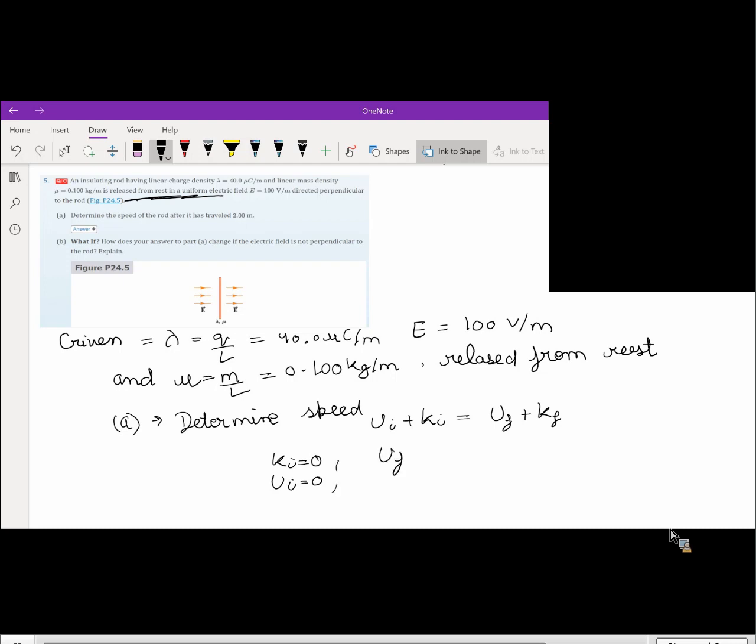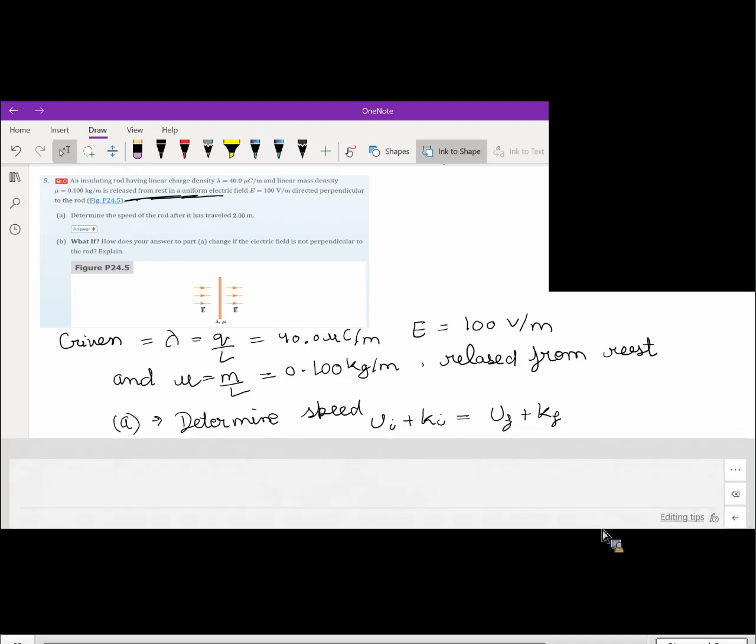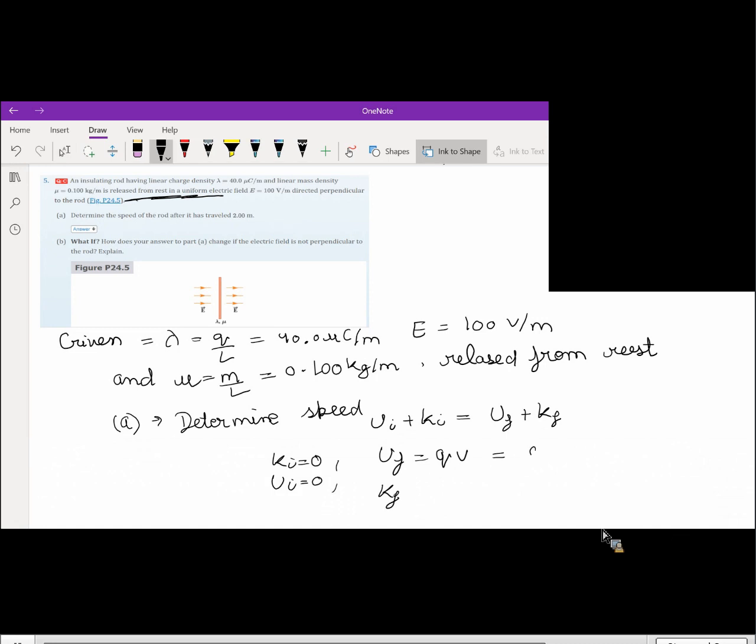Now we have UF and KF. What is UF? It is QV, that is charge times voltage, that is potential, and that can be written as Q, lambda L. Sorry.